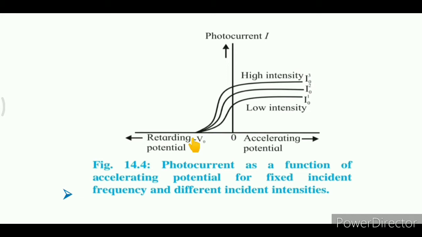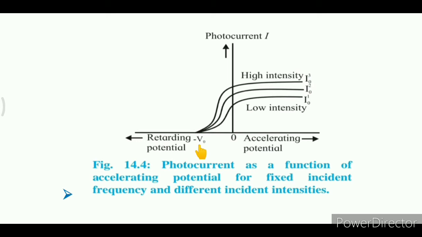So over here it is observed that when this experiment is performed with a negative potential on the collector plate C, with the increase in the intensity, it was found that for a particular emitter plate E, the value of the stopping potential at which the photoelectric current becomes zero will be the same.